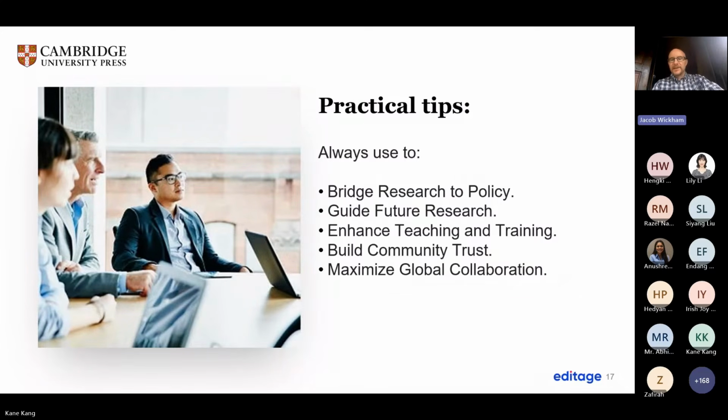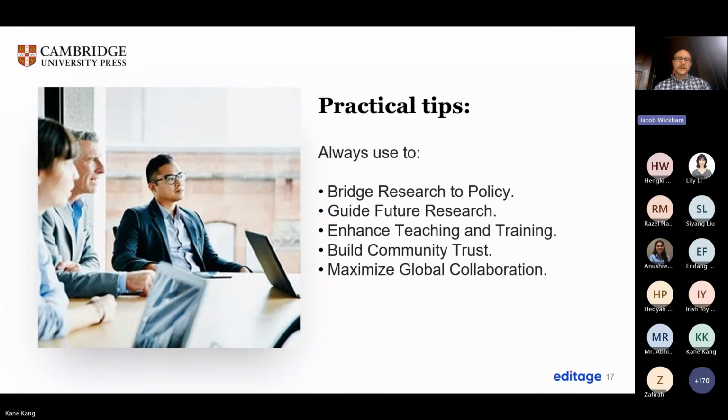So here are some practical tips. It's always good when you're doing research to bridge research to the broader, societal impacts, and how you can apply your research to policy. Usually at the end of your discussion section in your scientific paper, you provide some guidance for future research or future experiments.